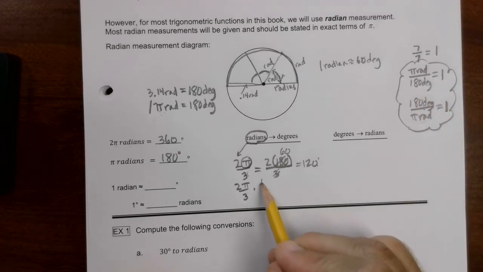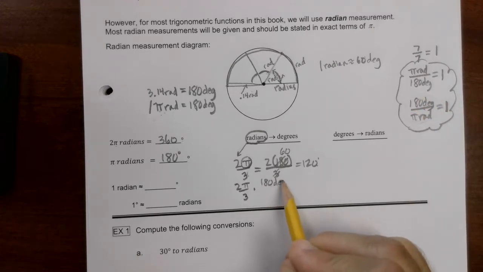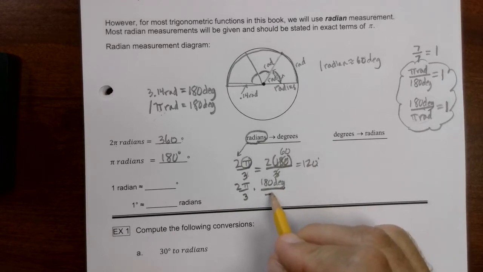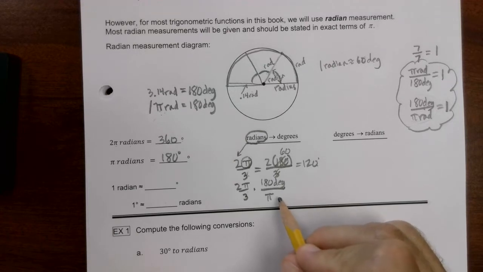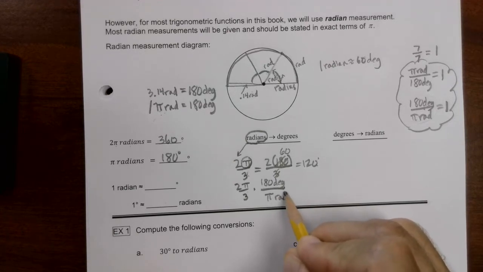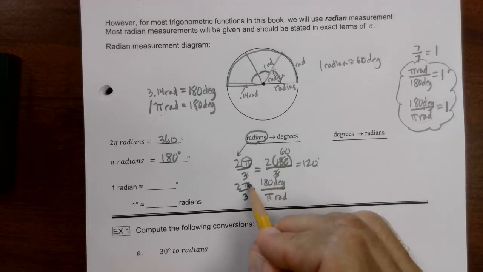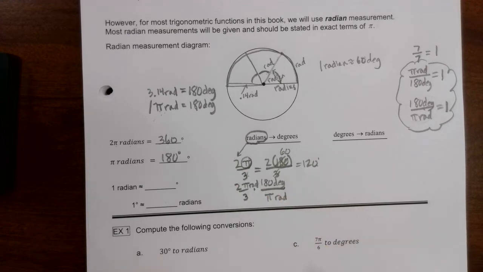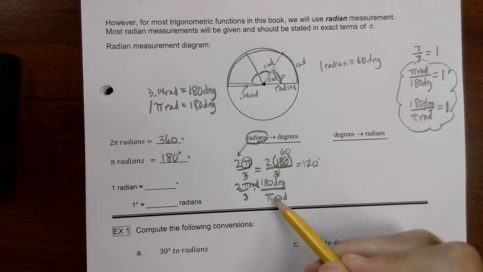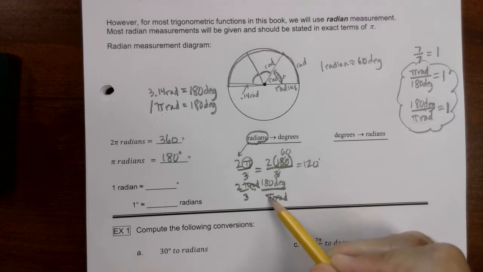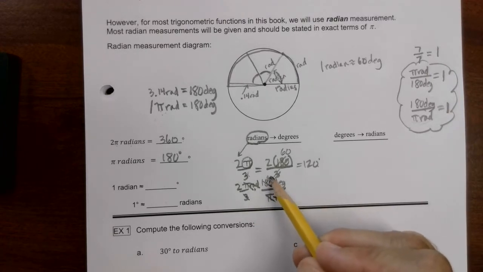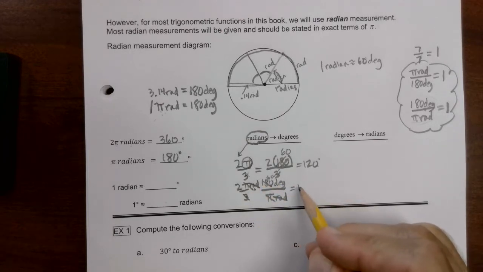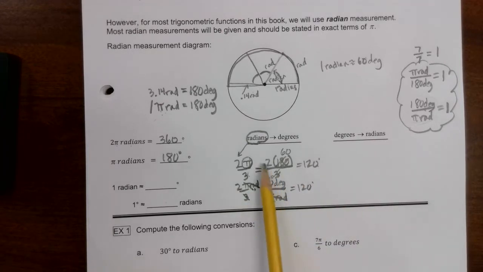And I'm going to go 180 degrees all over pi radians. And this up here is also 2 pi over 3 radians. So we're kind of keeping our digits. The pi's would cancel. And then we're back to the basics. 3 goes into 180 60 times. 60 times 2 gives us 120. Now, I like this technique way better, way easier.